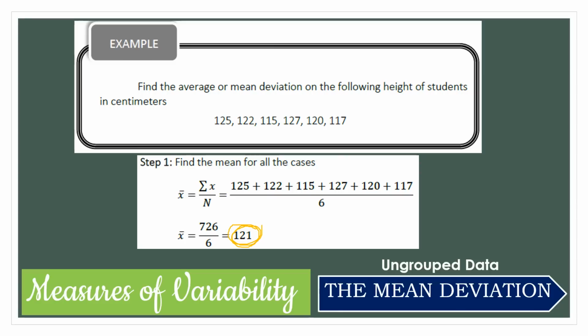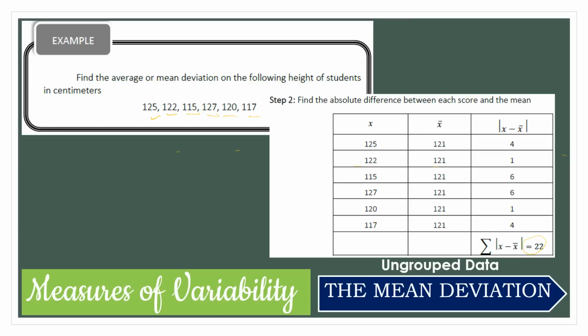So 125 plus 122 plus 115 plus 127 plus 120 plus 117 divided by 6. The total of the numerator is 726 divided by 6. The result is 121. That is only the mean, that is not yet the mean deviation.